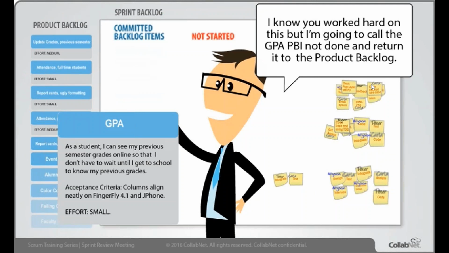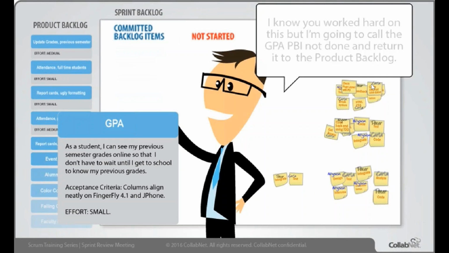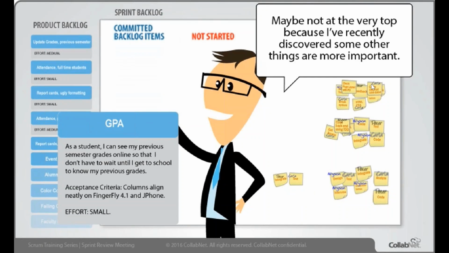I know you've worked hard on this, but I'm going to call the GPA PBI not done and return it to the product backlog. Maybe not at the very top, because I've recently discovered some other things that are more important.